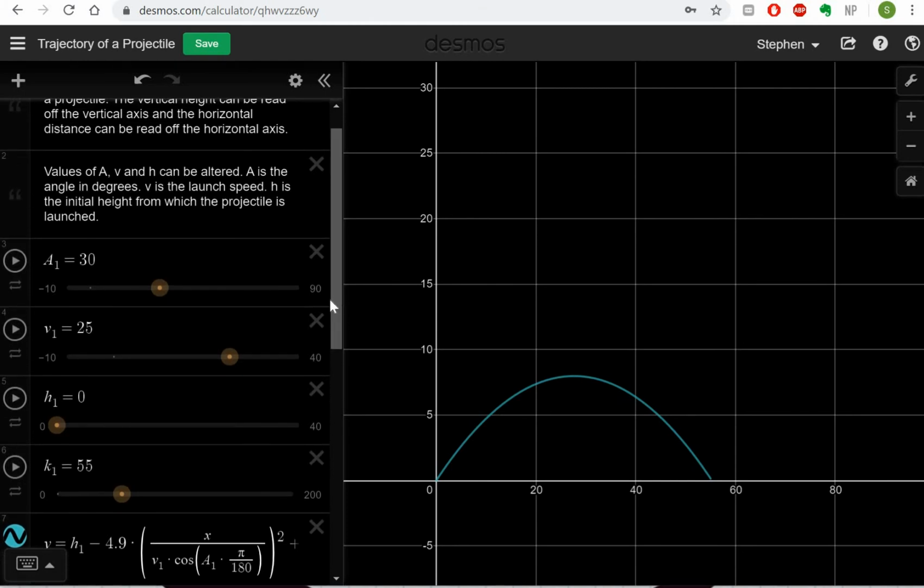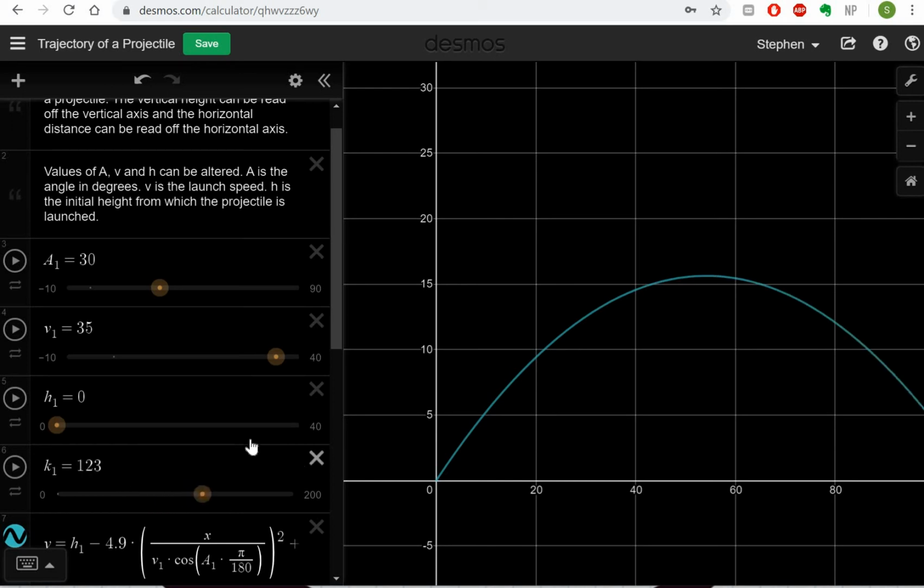Okay, so what happens if we start to mess around with some of the variables? Well, let's say that we keep the angle at 30 degrees, but we up the velocity, right? So let's say we go up to 35 meters per second. What would you expect is going to happen? Well, as the projectile is fired, it starts off at 30 degrees, but it's now going to go further, right, than before.